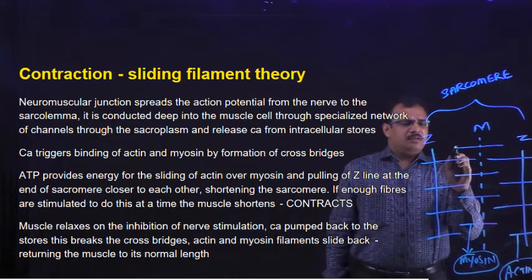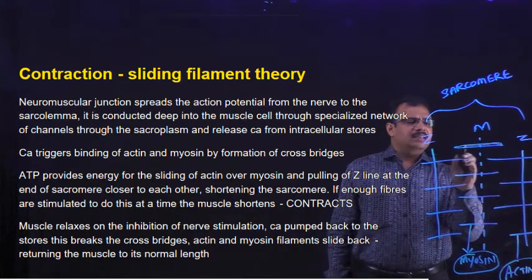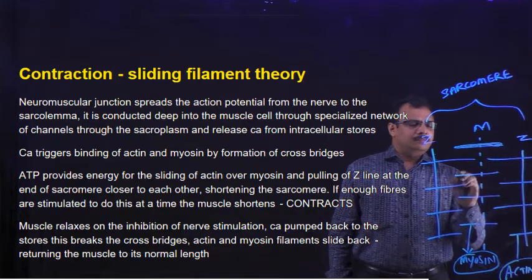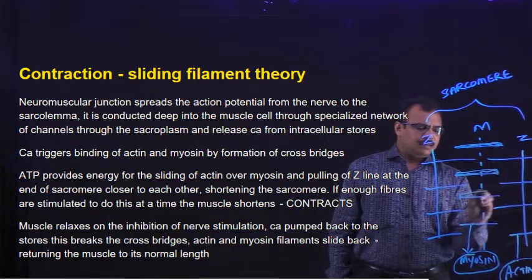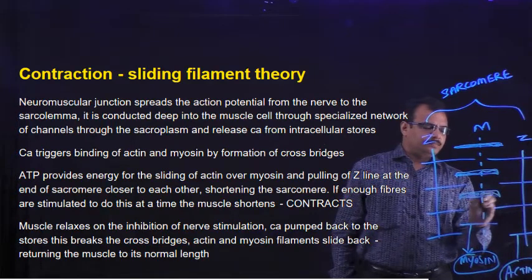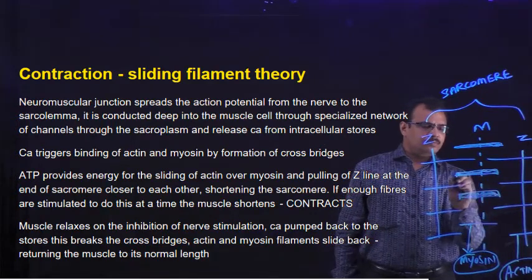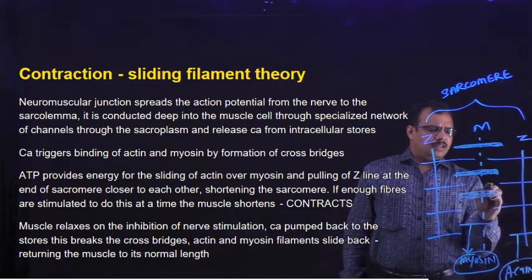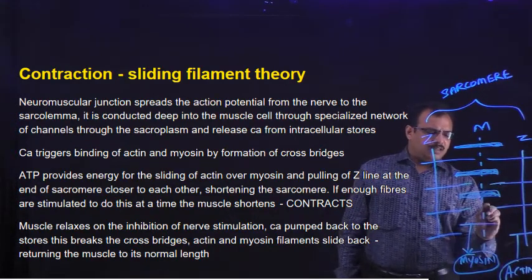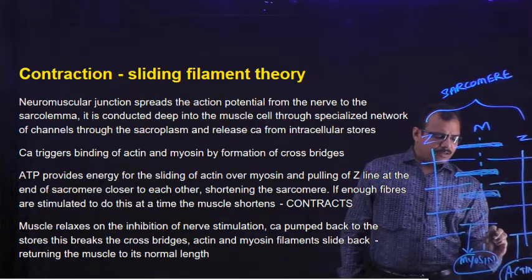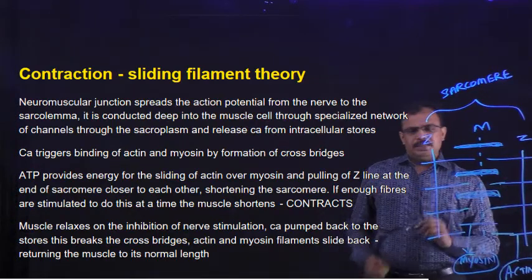and these myosin filaments are the thick filaments, whereas actin filaments are thin filaments. And generally they run parallel to each other, and they do not have any contact with each other.